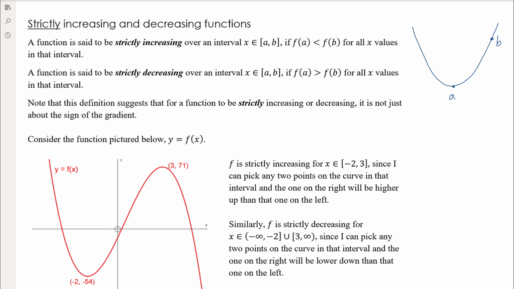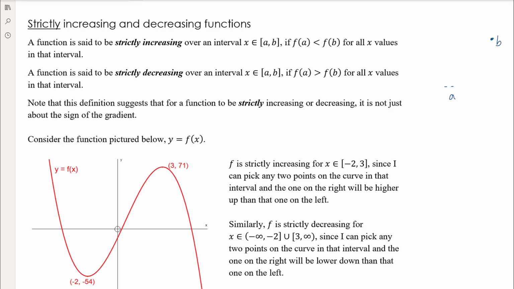The function is not increasing at A, it's stationary at A. It's got 0 gradient. The rise over run is 0, the rate at which the function is changing is 0. But the question isn't actually asking you where is the function increasing. It's asking you to give a range of values between which the function is strictly increasing. And we've got this definition here.